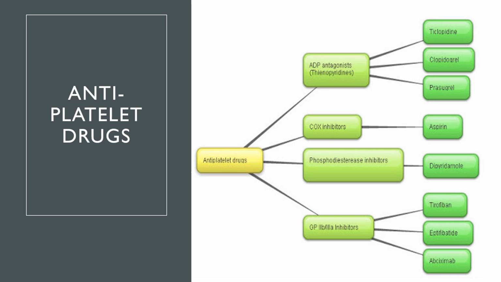What are the common ones here? Clopidogrel and aspirin are by far the most common ones. We'll talk a bit about a few others, but this is just to show you that they're broken up into groups that have different actions on the platelet.